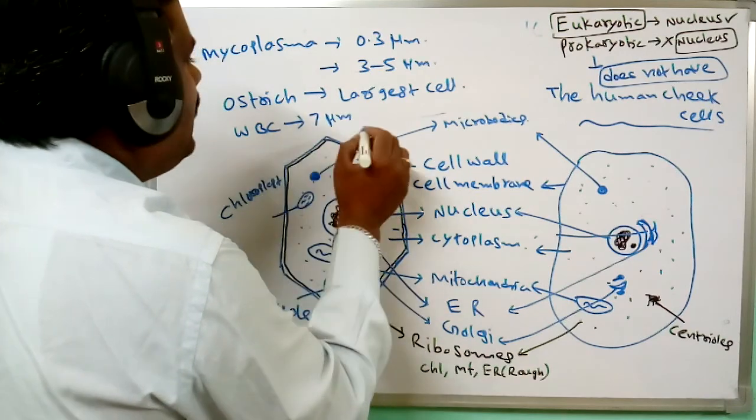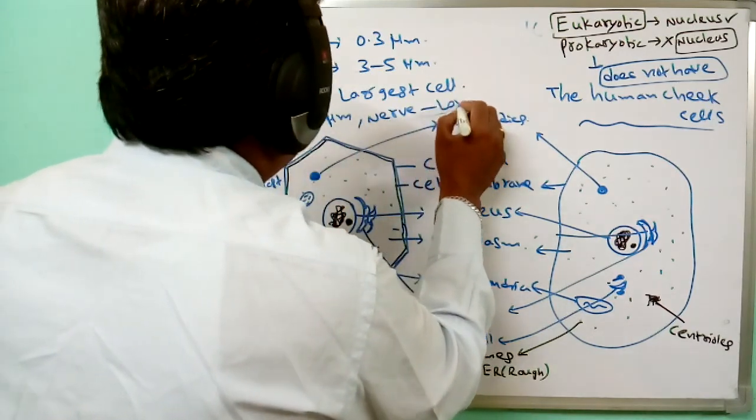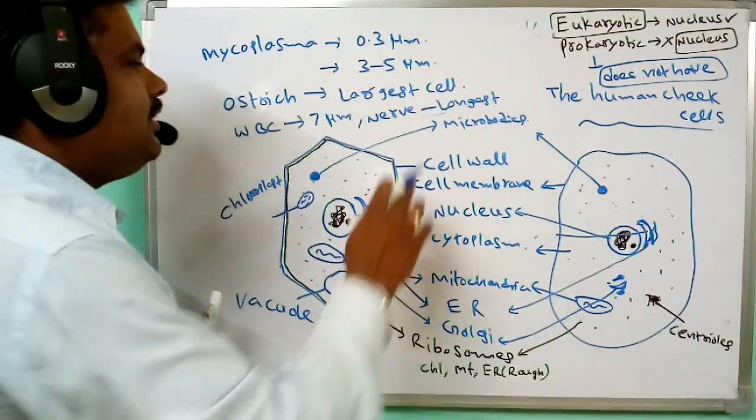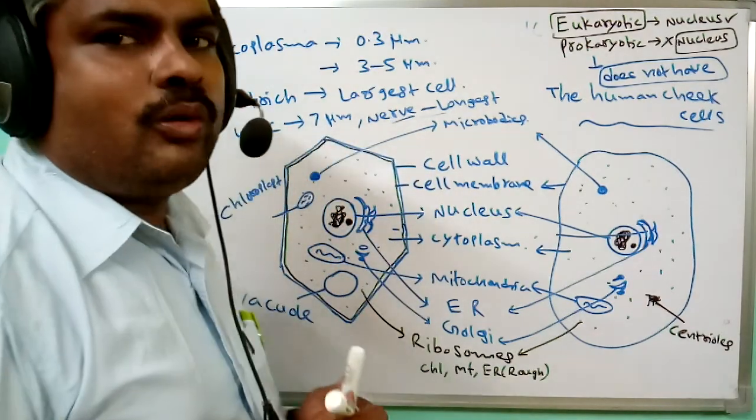And the nerve cell present in human beings is the longest cell observed in the body. The WBC size is 7 micrometers.